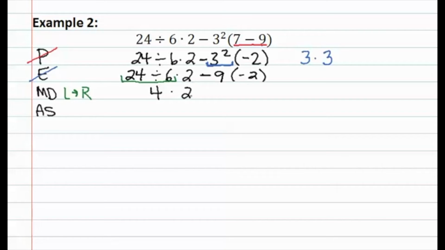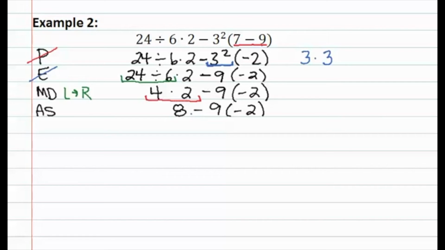We then bring down the rest of the problem, as it has yet to be completed. We still have more multiply and divide in this problem, so we continue working left to right. We now multiply the 4 times the 2, resulting in an 8, bringing down the rest of the problem that has yet to be solved.